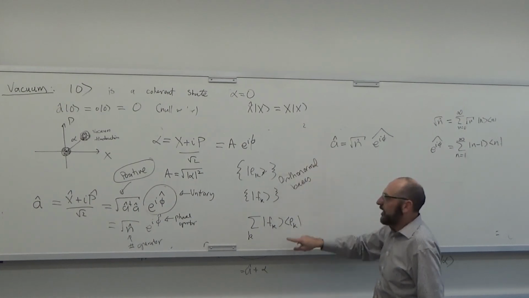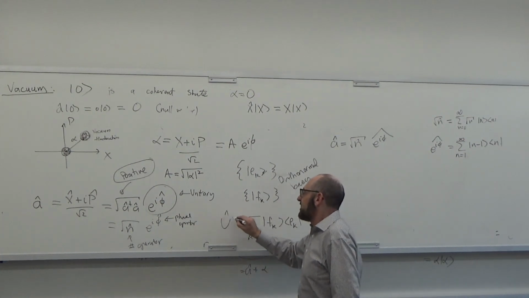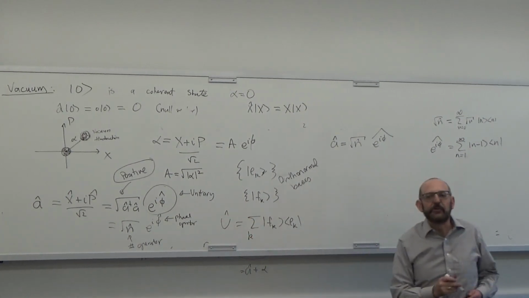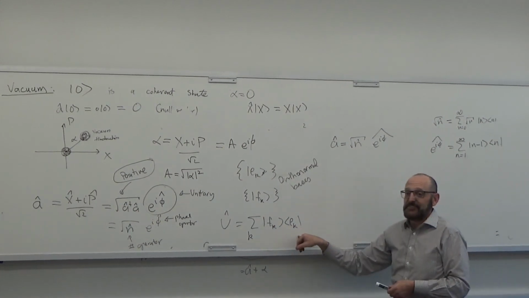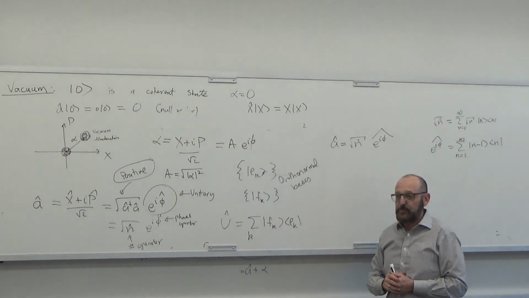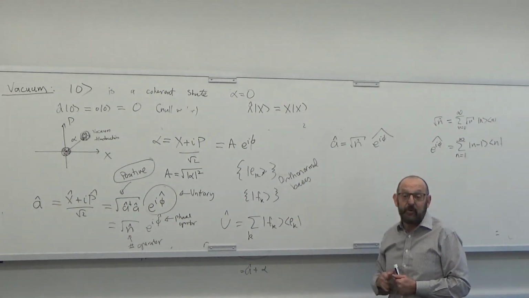This is one way to write down a unitary operator. You can check for yourself that u dagger u is 1. It takes the basis to its image. It rotates the basis. That's a unitary operator. You may not have seen that in that form, but that is.